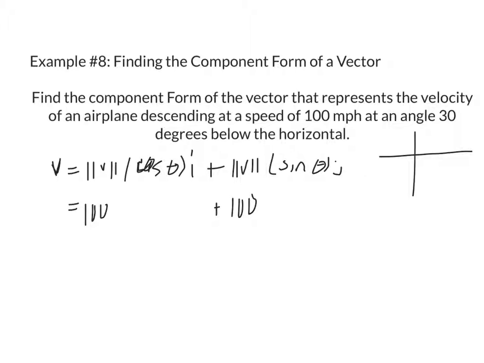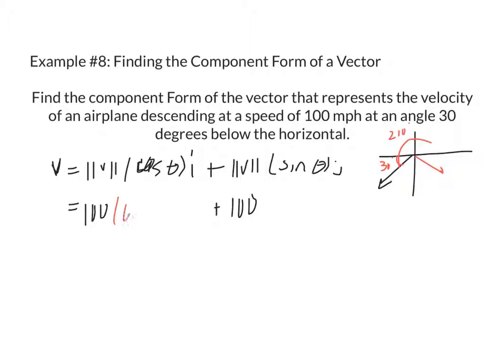It's only that I know this, but because it's 30 degrees below the horizontal and it's descending, I know that it's actually going to be in this direction rather than this other direction. They could have been a bit more specific to let you know that, but again, this portion here is 30 degrees below the horizontal. So the whole portion, remember, is actually 210. And that's the theta that we're going to use.